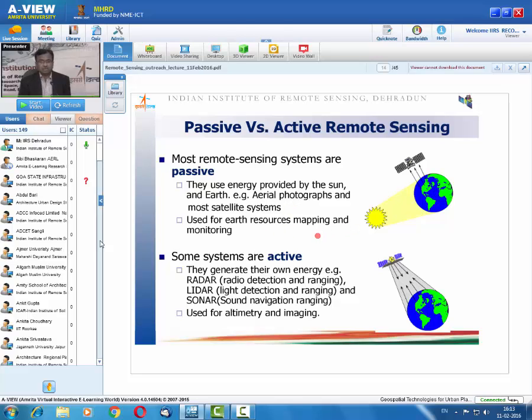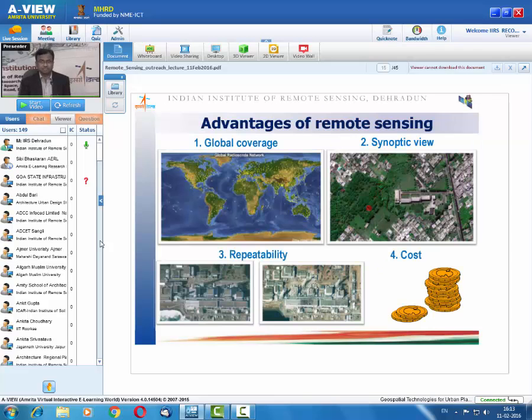Some systems are active, for example radar, LiDAR and sonar. Radar means radio detection and ranging, LiDAR means light detection and ranging, and sonar means sound navigation and ranging. These are normally used for altimetry and imaging, and the microwave satellites also have active sensors.